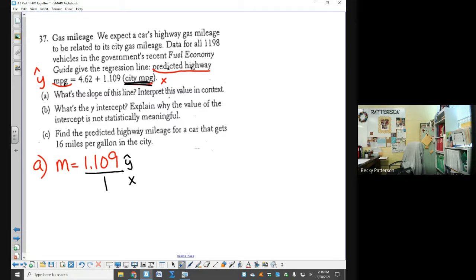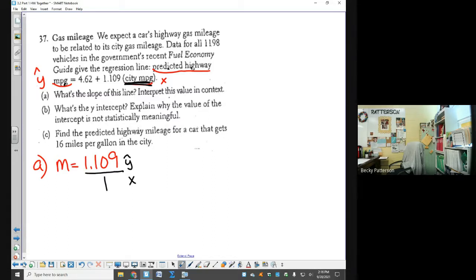Okay, one more time. Start slope with for every. For every one increase in city miles per gallon, the predicted highway miles per gallon should increase by 1.109, or is predicted to increase by 1.109. Just have that word predicted in there somewhere.